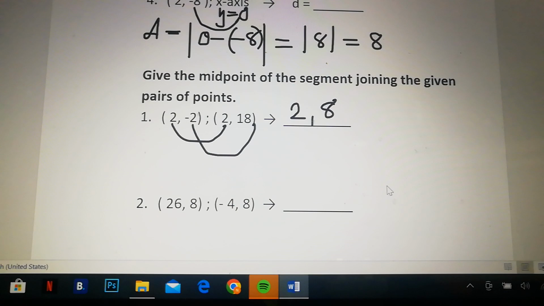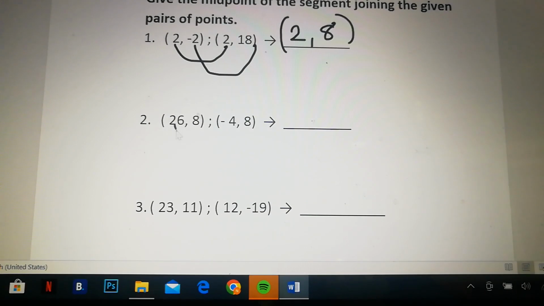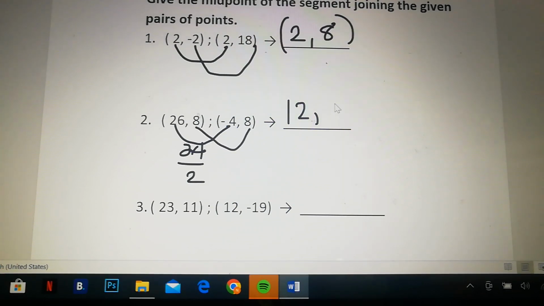So the coordinate of the midpoint is 2 and 8. Next, this is equal to 24 divided by 2 equal to 12. And since the y coordinates are equal, the answer is 8. So the midpoint is at 12, 8.